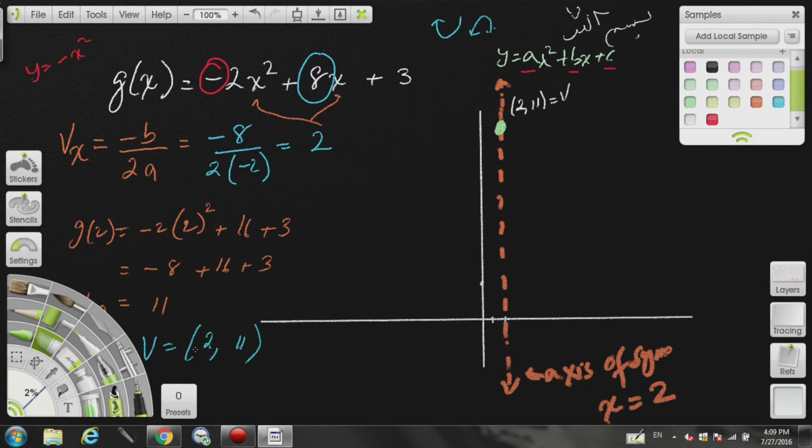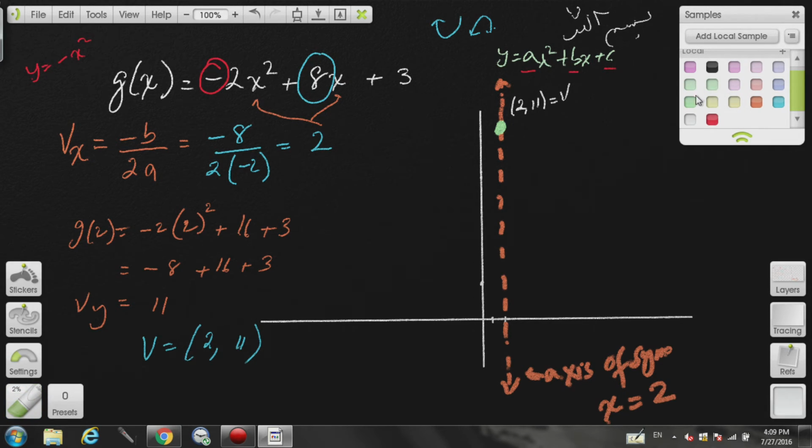It's right over here. So right here. And then on this side, this is 2 removed from the axis of symmetry, so this is going to be (4, 3). And (0, 3).